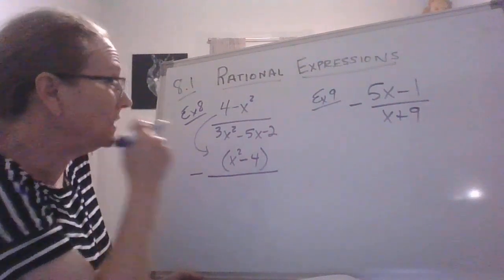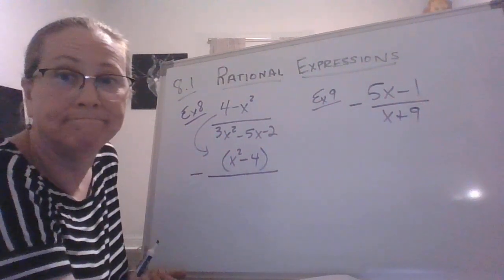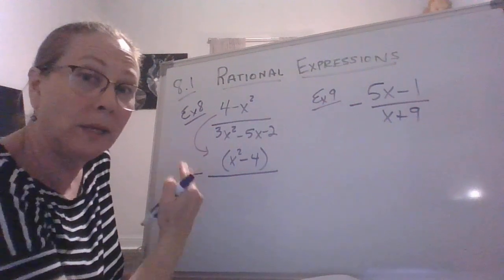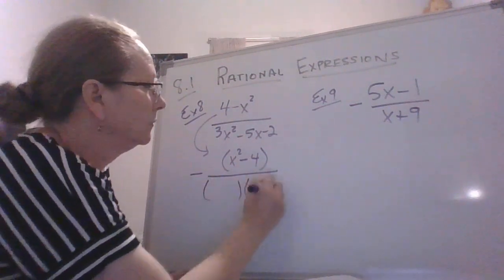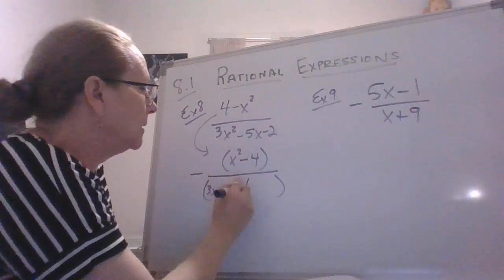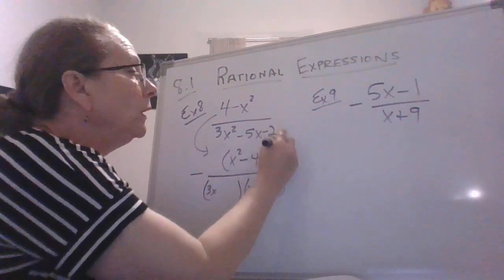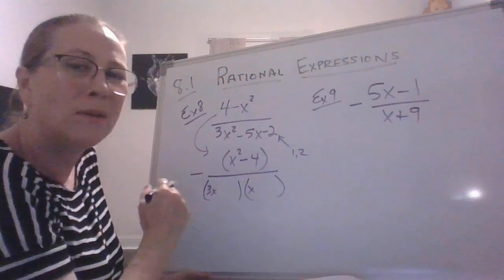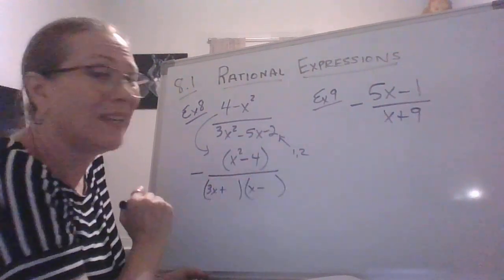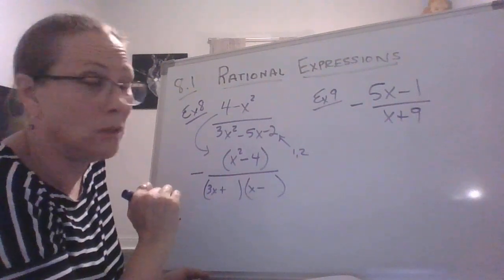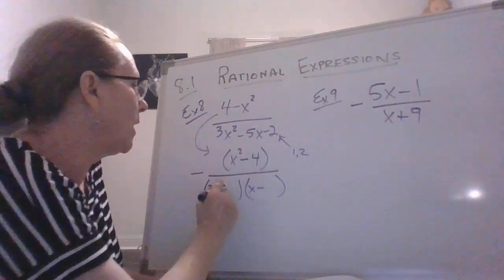And then we still need to factor that denominator. So we flipped, put the negative out front for the numerator. Now the denominator, we've got 3x and x. We know that the only factors are 1 and 2 here. So I have to figure out which order. Well, the signs are different. Might need to switch the signs too. But let's go ahead and give it a try.